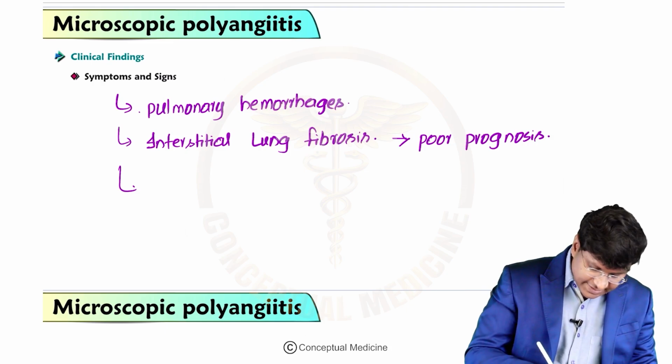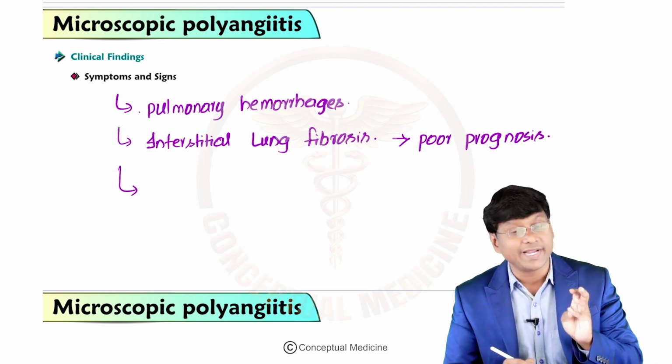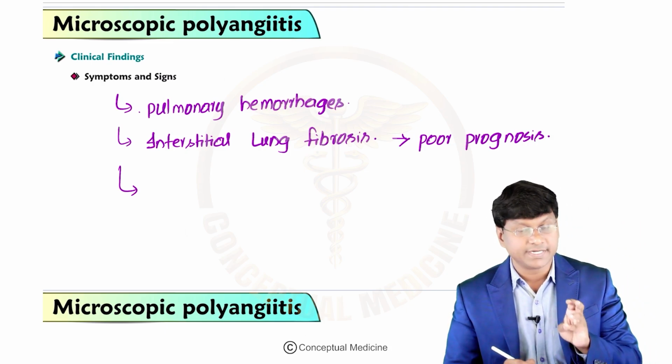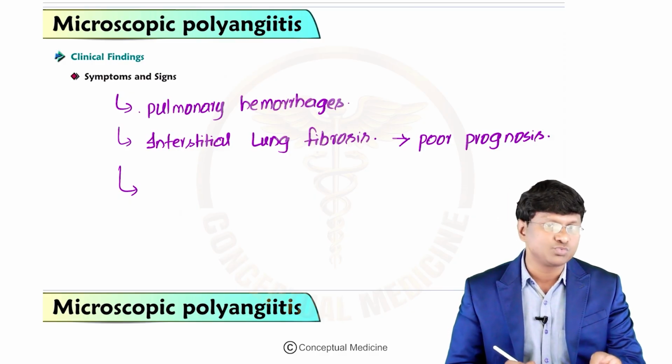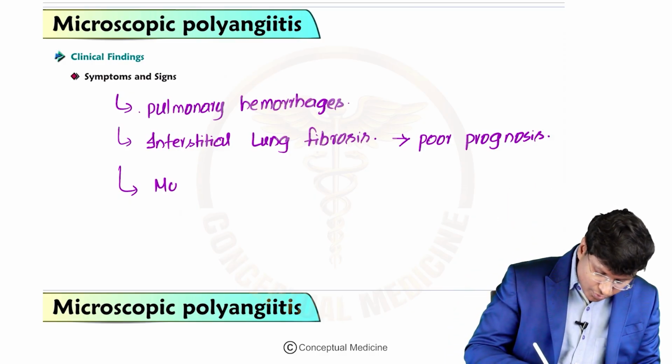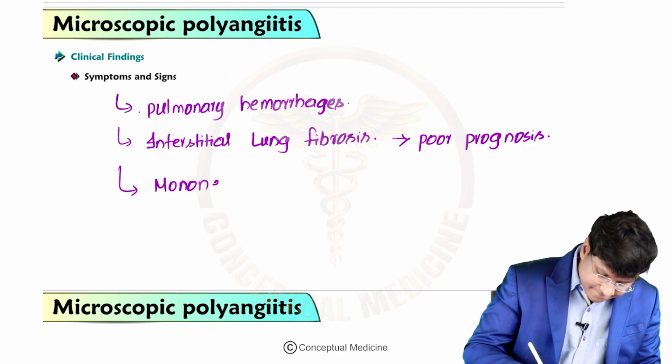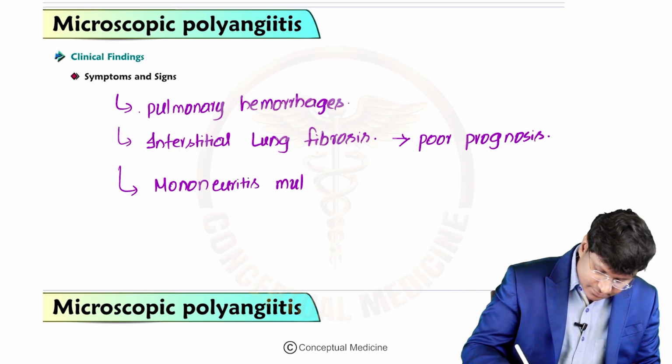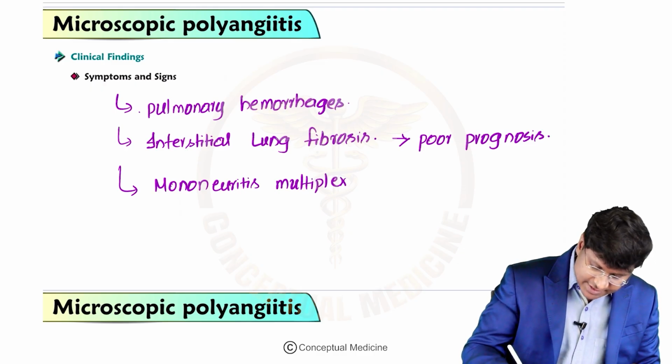Then there is the development of vasculitic neuropathy. And this vasculitic neuropathy is nothing but mononeuritis multiplex.